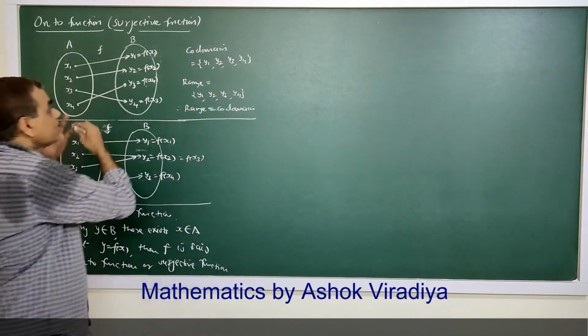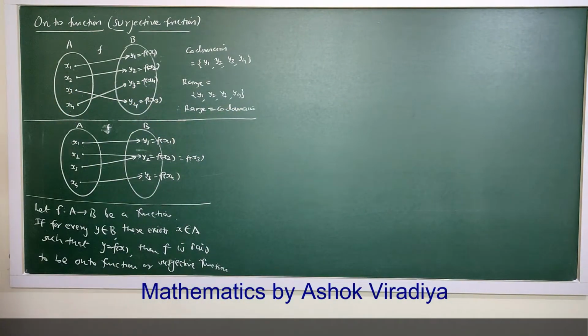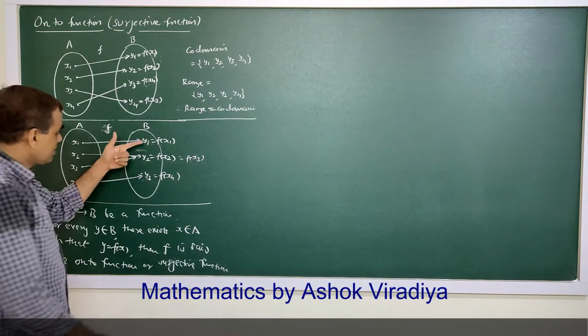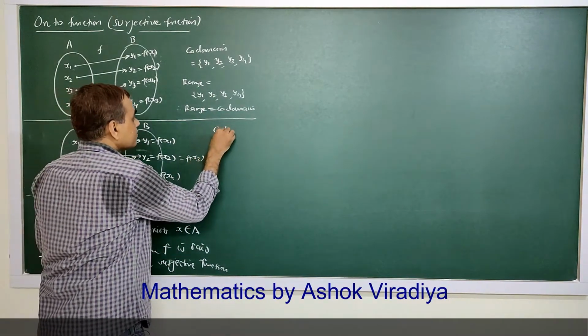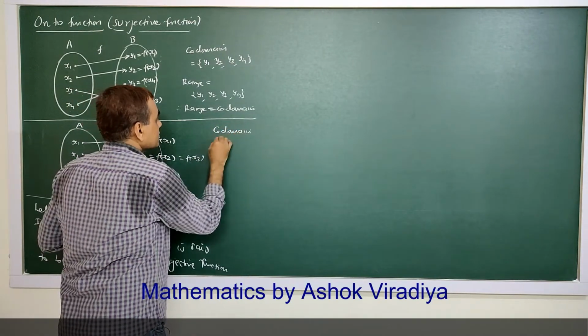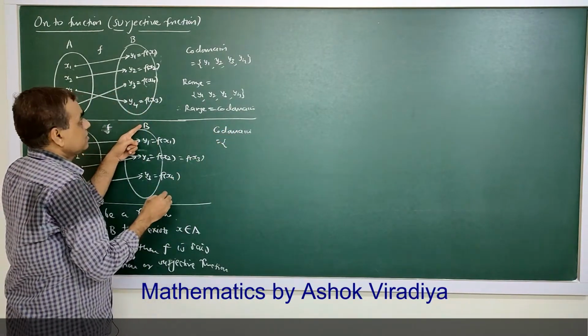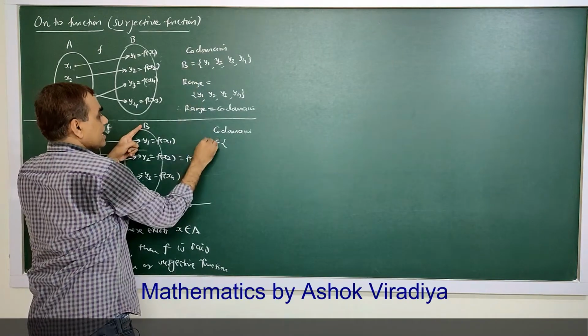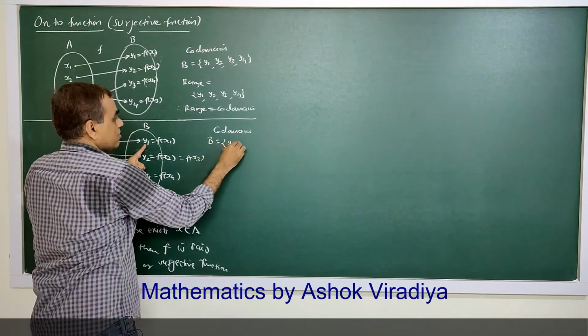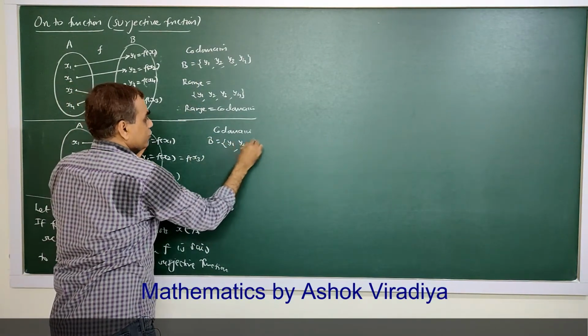In this example, range is codomain. Similarly here, say codomain is B, and B is the set containing these three values.